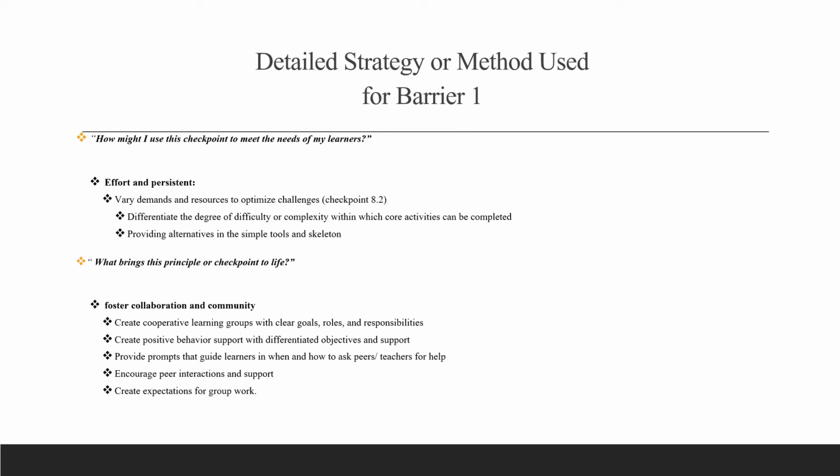what brings this principle or checkpoint to life? Well, we need to foster collaboration and community. We need to create a cooperative learning group, create positive behavior support to differentiate objectives of the content and support the student, and provide prompts that guide learners in when and how to ask their peers or the teacher for help, and encourage them to interact with their peers.